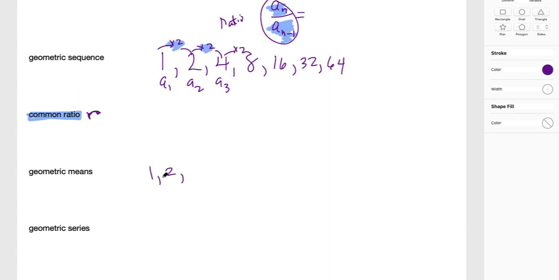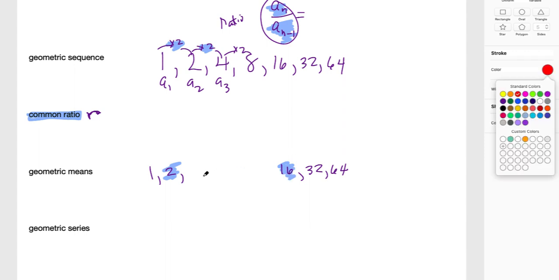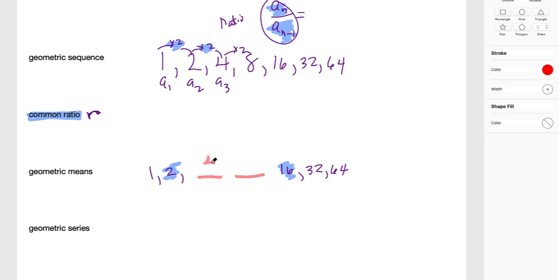If you take 2 non-consecutive terms, let's say here's our geometric sequence that we're dealing with, and I'm going to say 1, 2, and then let's say 16, 32, and 64. So you see what the process is. And so these two right here, 2 and 16, the values that are between 2 and 16, so 4 and 8, those are considered the geometric means.